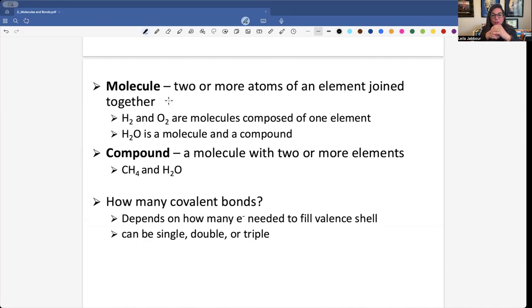A compound is a molecule with two or more elements. For example, CH4, H2O, that would be a compound. It's a molecule because the bonds are formed between atoms, but here the atoms are actually of different elements.